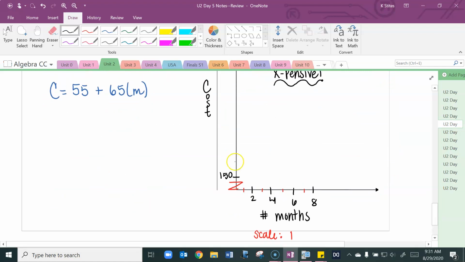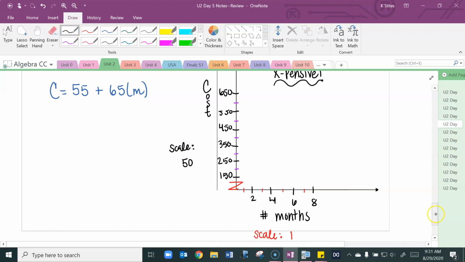I'll start by 100s, 250, 350, 450, 550, 650. So right now my scale is by 100s because I'm jumping by 100s, but to help me graph more easily, I am going to put a tick mark in between. And by doing that, I've now changed my scale. Now I'm really jumping by 50s.